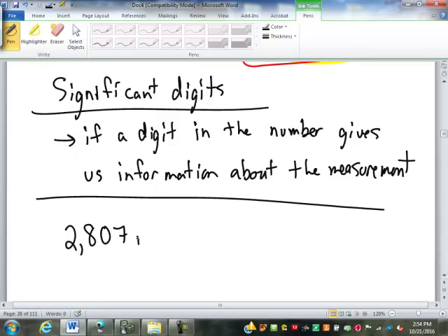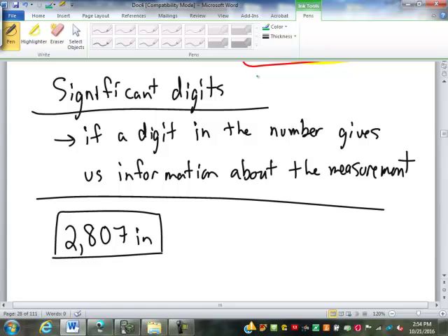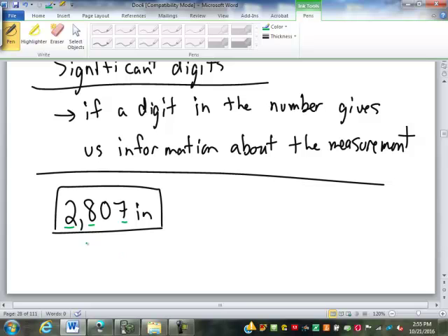2,807 inches, I know that's pretty big, but that's okay. Obviously, any of the digits that are not 0, the 2, the 8, and the 7, those are telling us something about the measurement. So significant digits, all non-zero digits are significant.